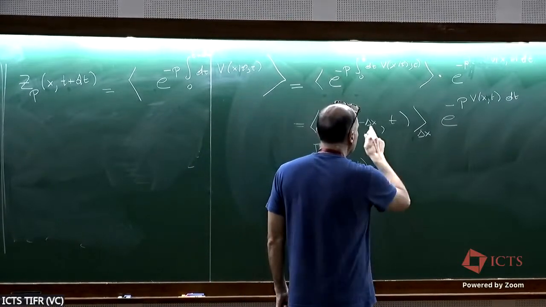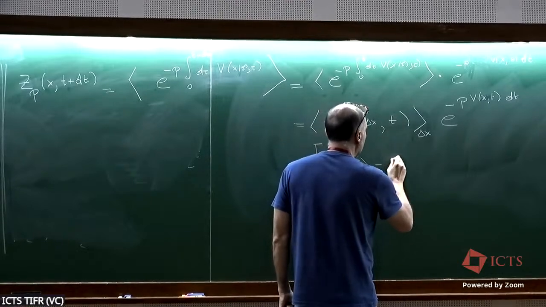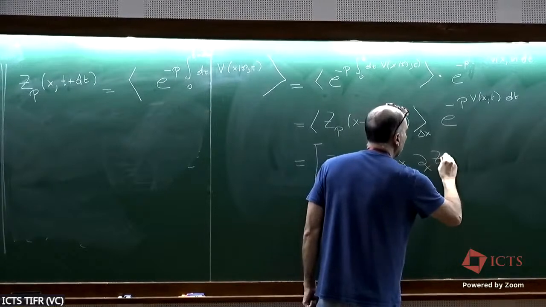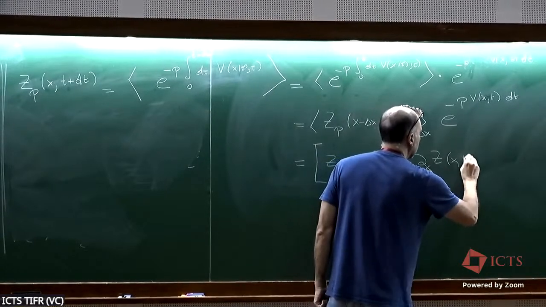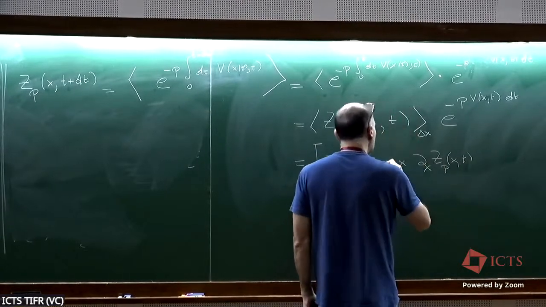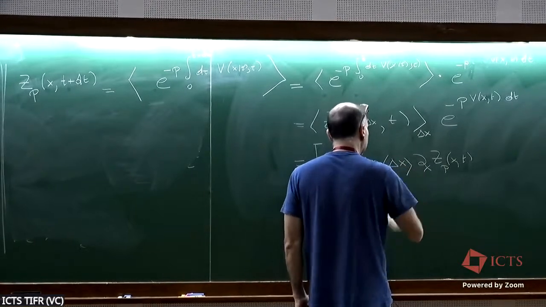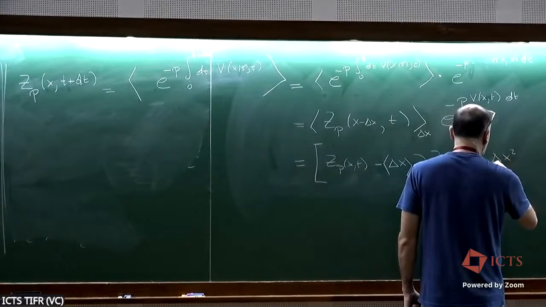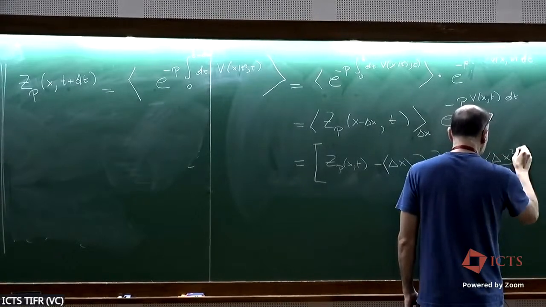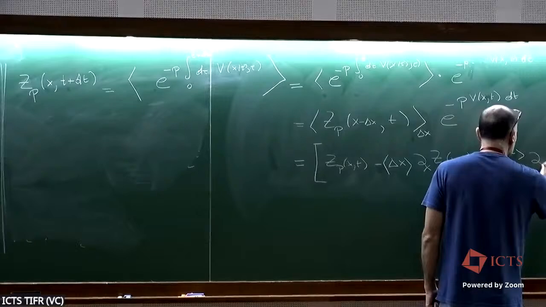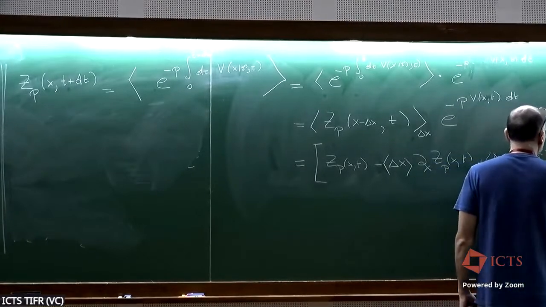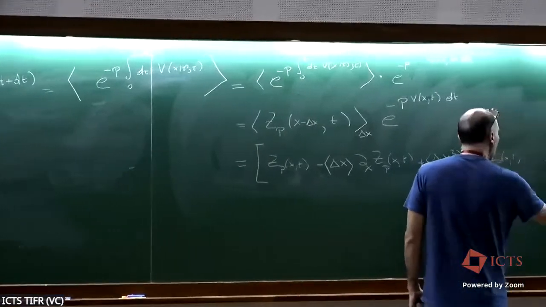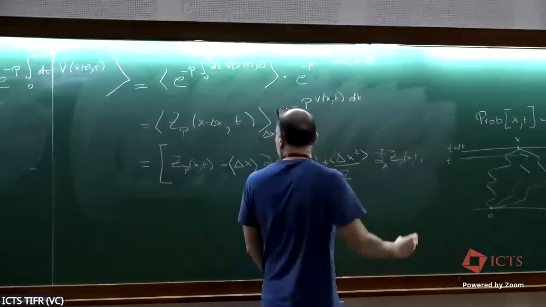Then I have the first order, so it is minus delta x times the derivative with respect to x of z(x,t). And this I have to average. And then I continue, there is a term delta x squared. And here I have a second derivative. And then I can go on, but I will stop here at the second order.